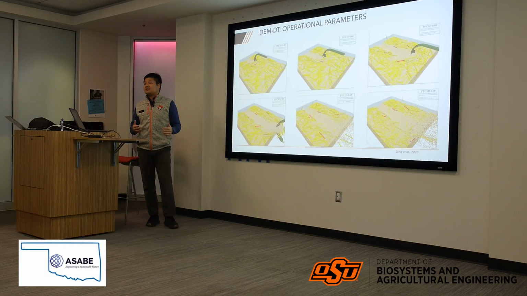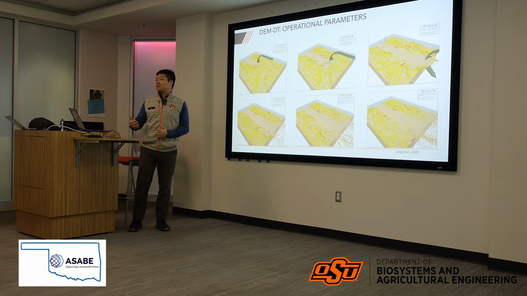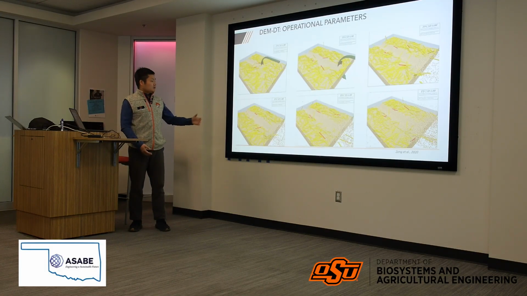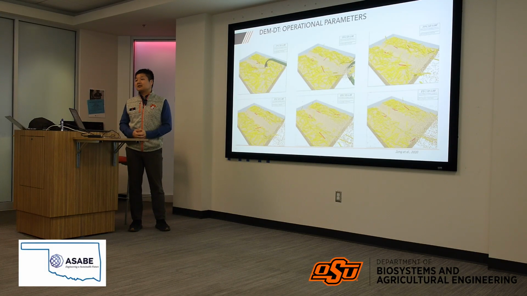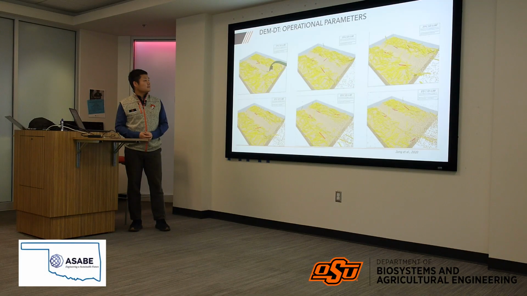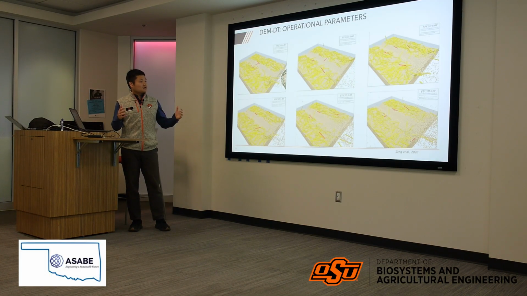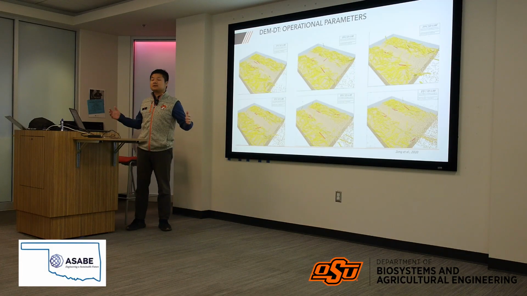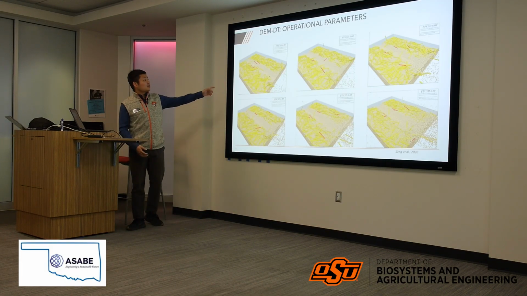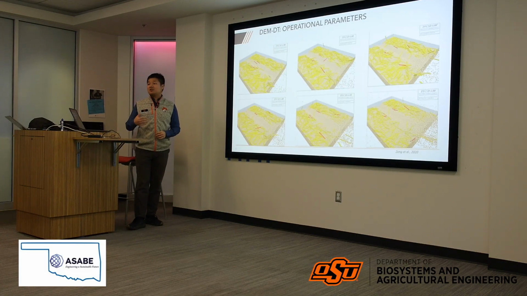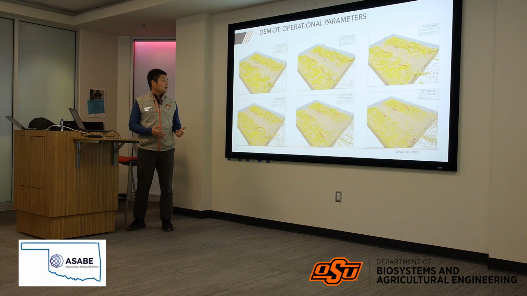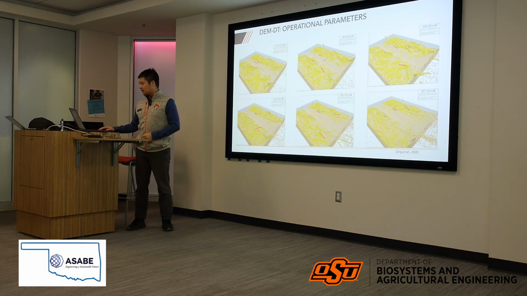And you can see the impact of travel speed on your soil dynamics, residue behavior, etc. They're very different. As you can see, at higher speed there is of course more soil disturbance, a more aggressive operation, as compared to low speed, which is very gentle, a very low disturbance field situation.